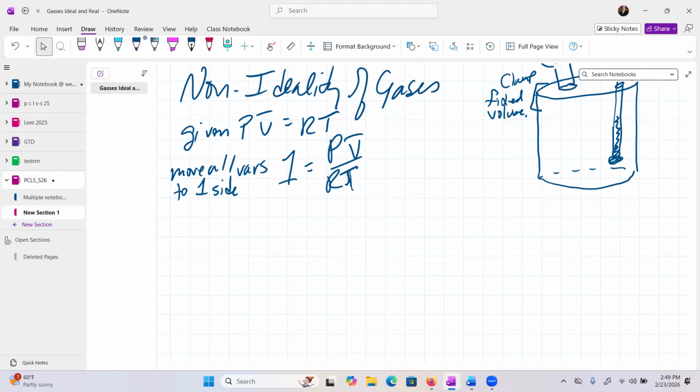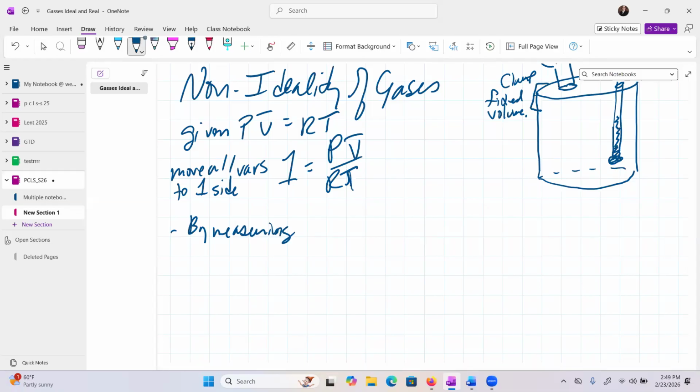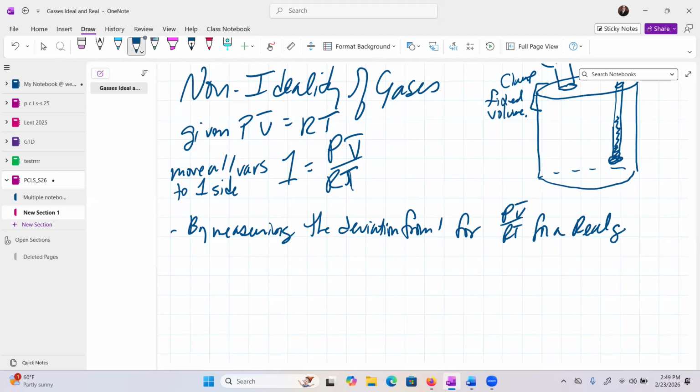So let's start by measuring the deviation from 1 for PV bar over RT for a real gas. We'll just assume that everything else is non-ideality. The non-ideality is observed.